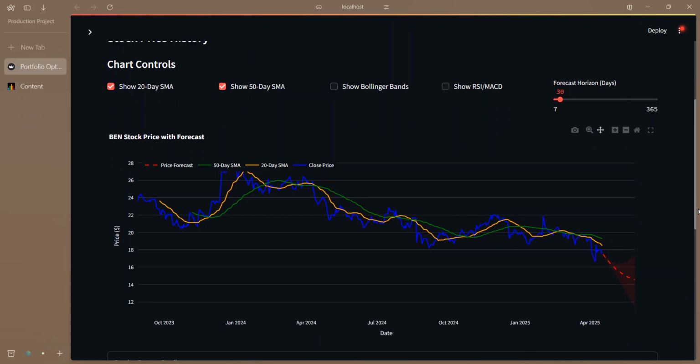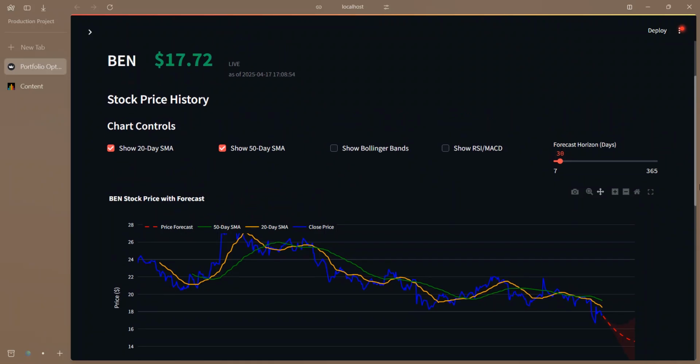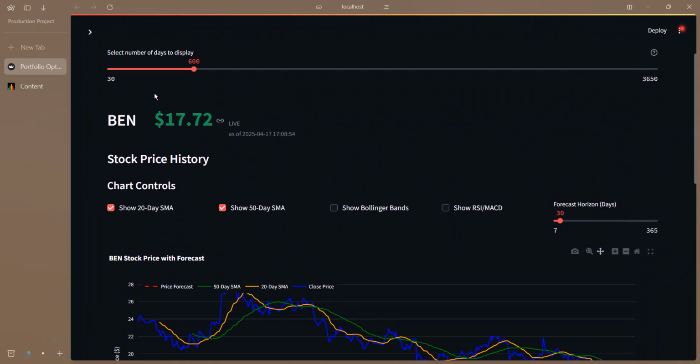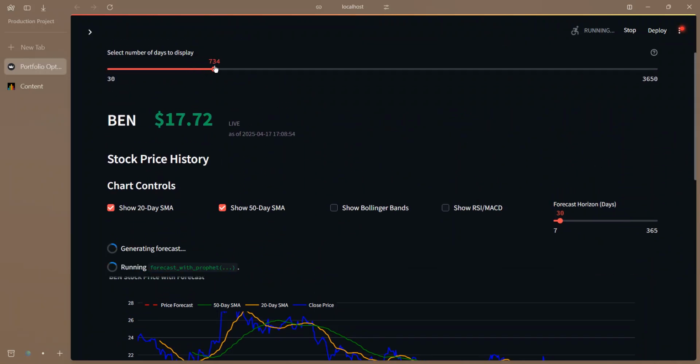And over here we can see the price history. We can obviously move the price history as far as we can from 30 days to 10 years. Let's say I would aim around 5 years of history.